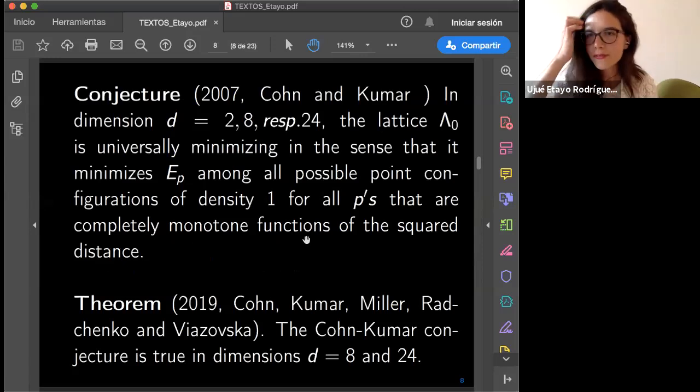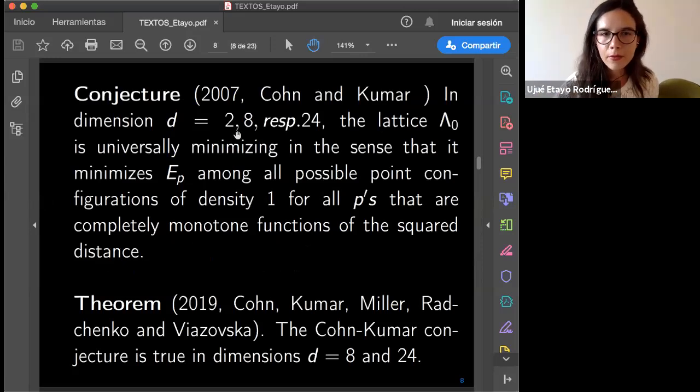Okay, if I understood correctly, you're asking if those are equivalent conjectures in dimensions 2, 8, and 24, and the expansion of the logarithmic energy. Yes. In any dimension, right?